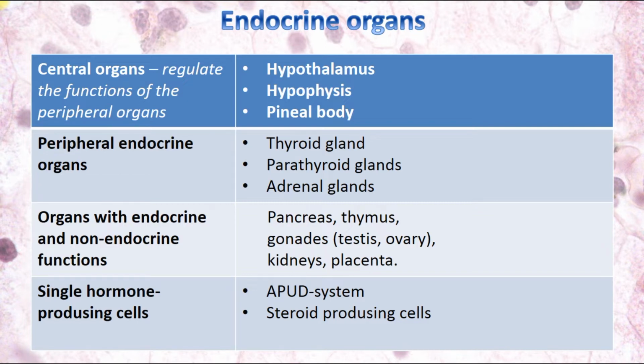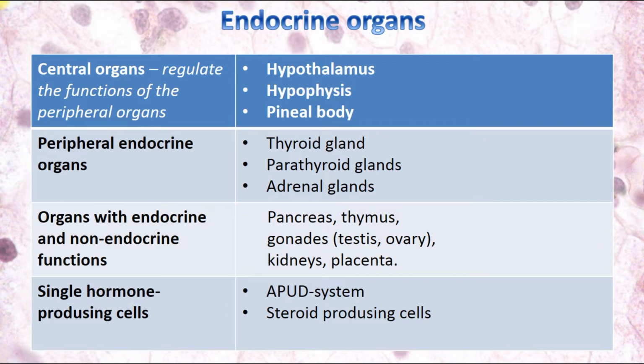The thymus is an organ of the immune system. It provides differentiation of T lymphocytes. It is involved in the functions of the immune system, but it also has endocrine function. Gonads, testes and ovaries, provide formation of spermatozoa and ova, but also synthesis of male and female hormones. Kidneys provide excretory function.